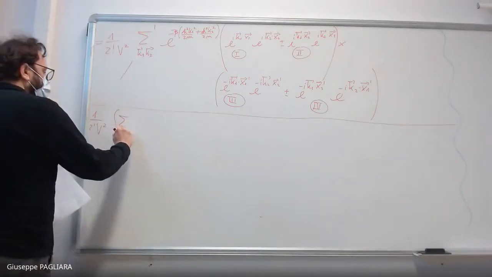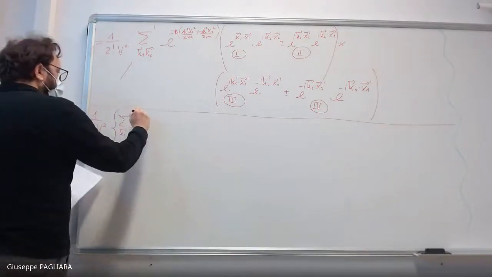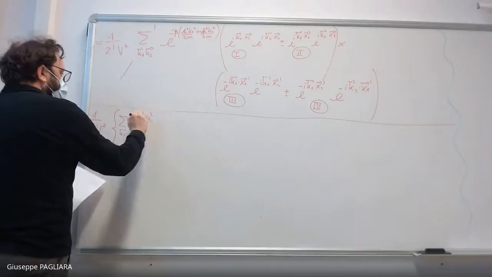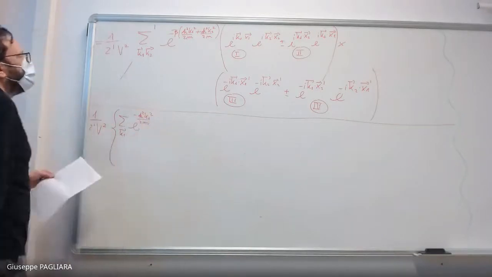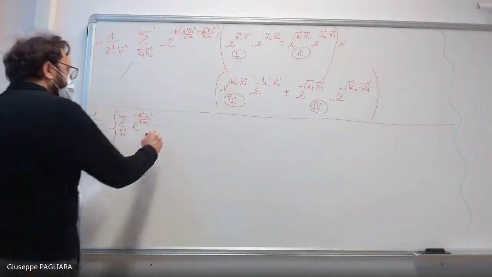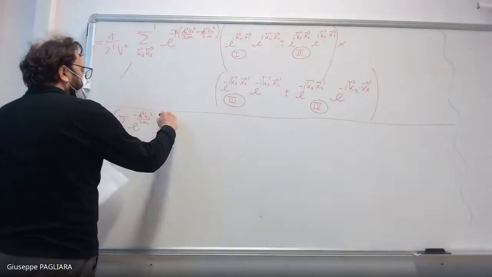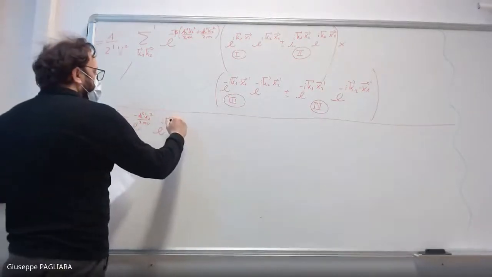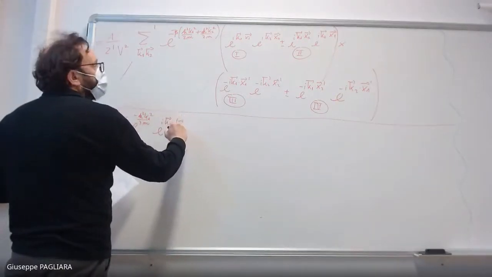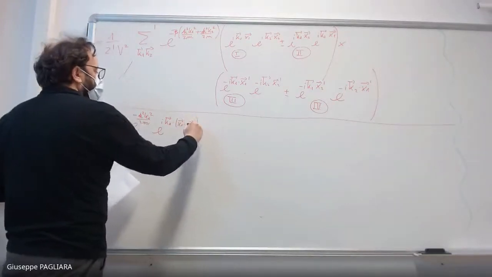Sum over k1 exponential of minus beta k1 squared divided by 2m, which is this part. And here you have e to the i k1 scalar x1 minus x1 prime.